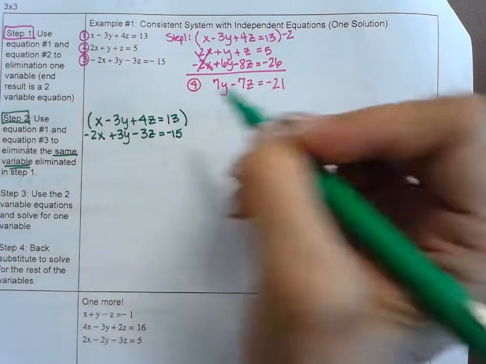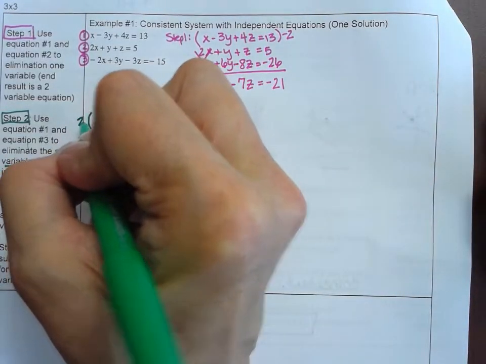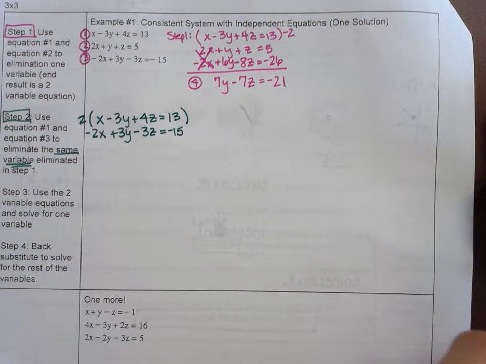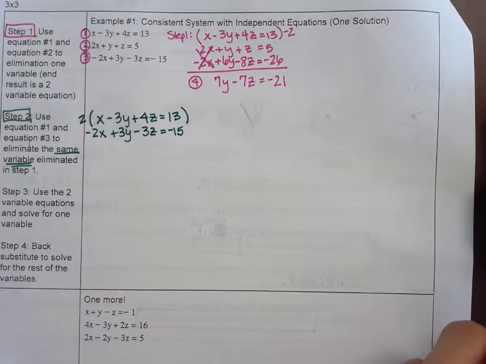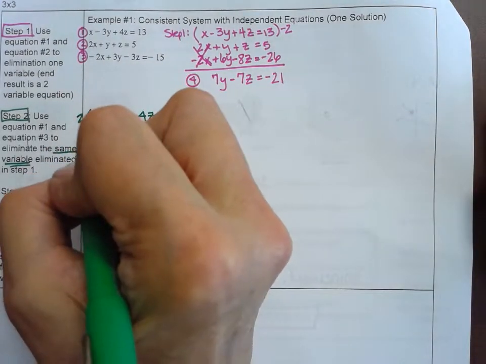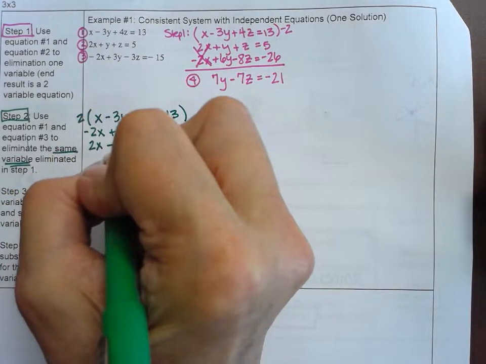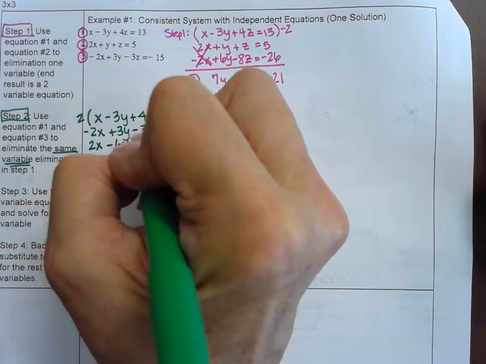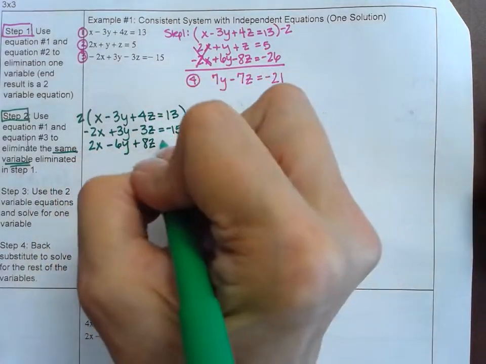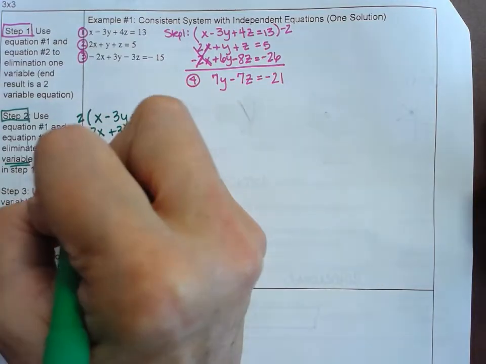So I need to multiply the top equation by 2. You with me? So that's going to give me 2x minus 6y plus 8z is equal to 26.